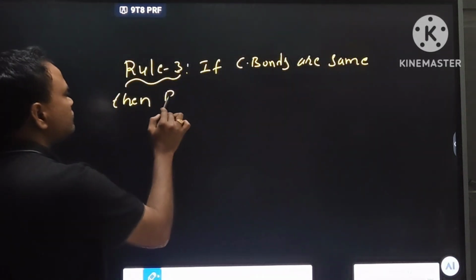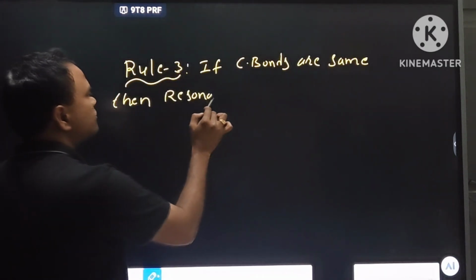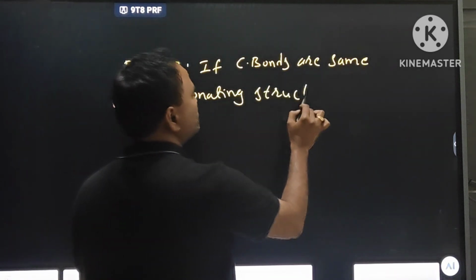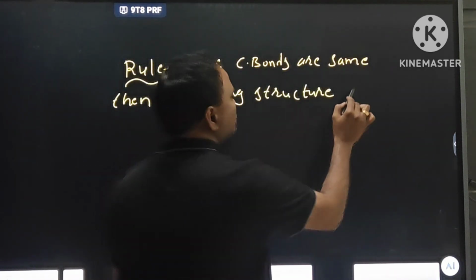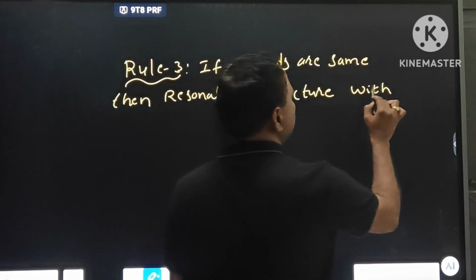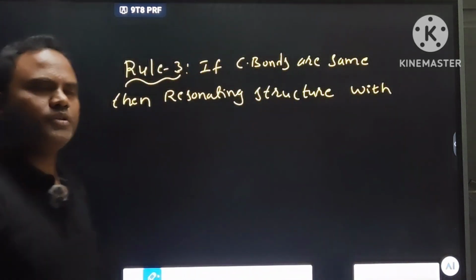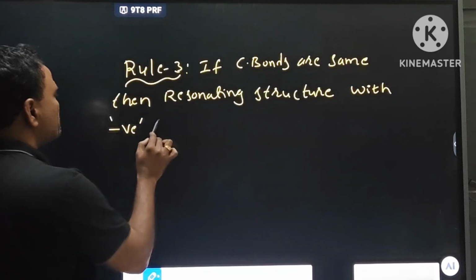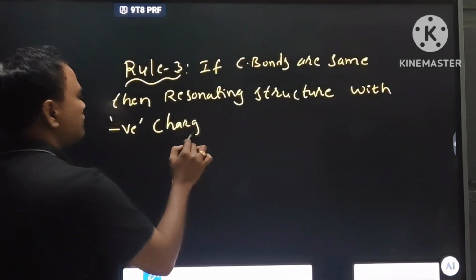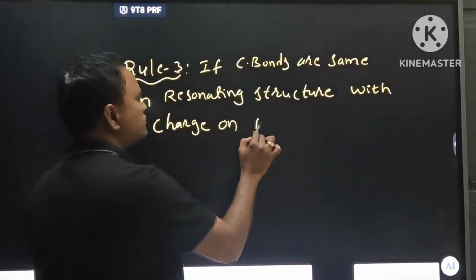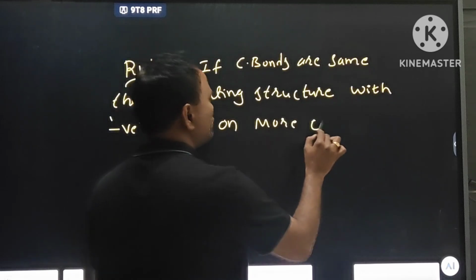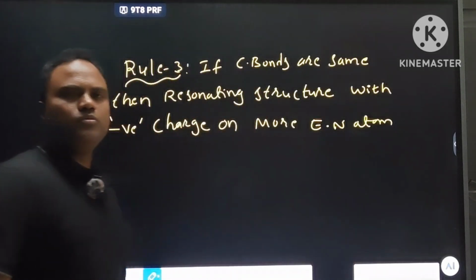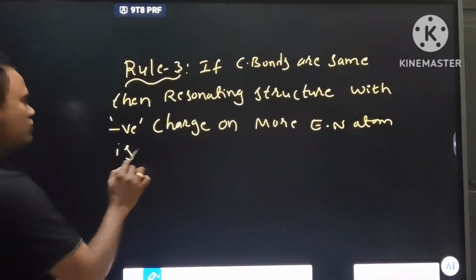then the resonating structure with negative charge on the more electronegative atom is more stable.